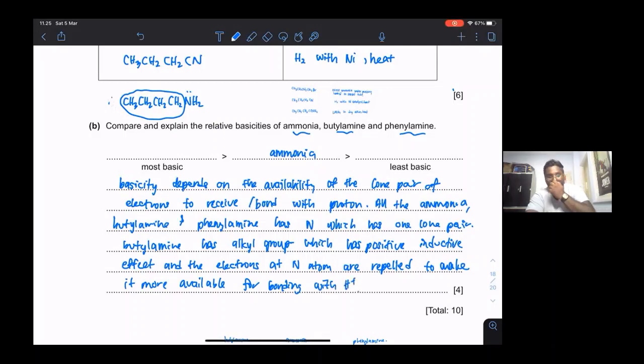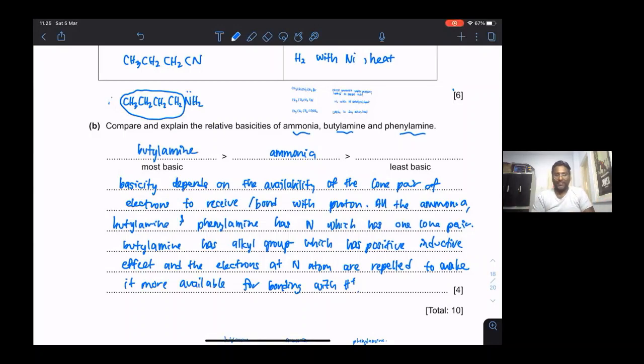So that's the first part. They are going to be more basic. Therefore, the one that is more basic than ammonia is going to be butylamine. Ammonia is normal, that's going to be the standard.